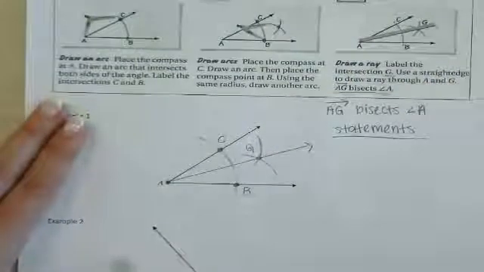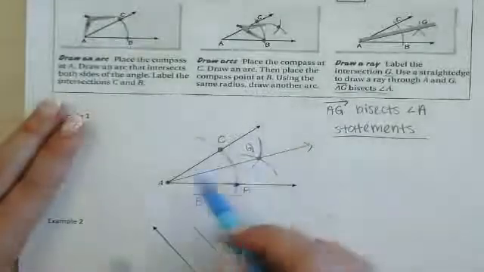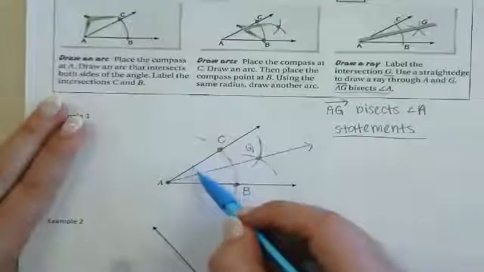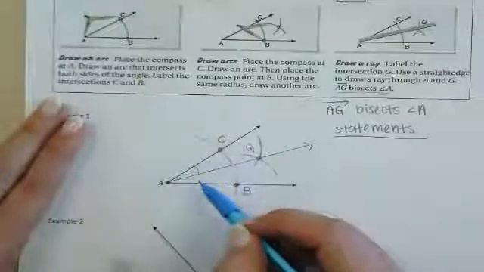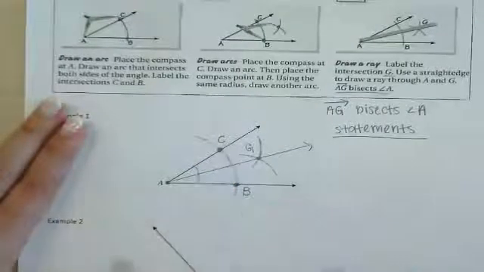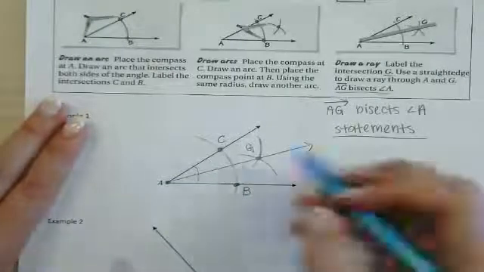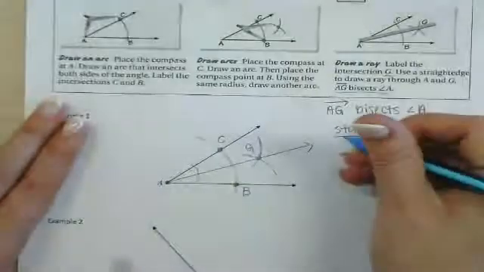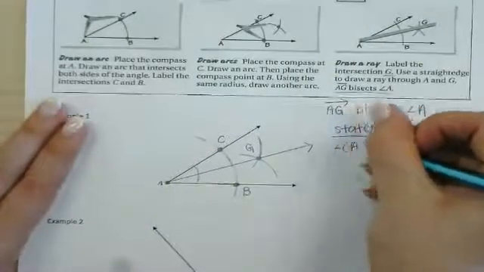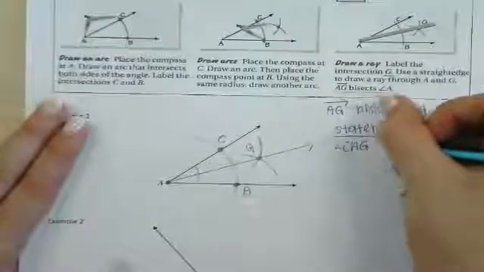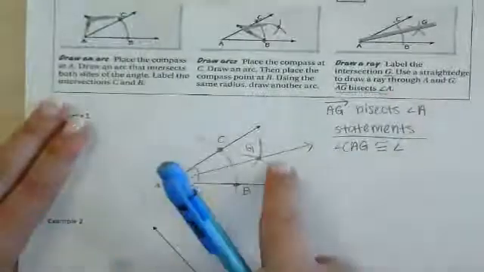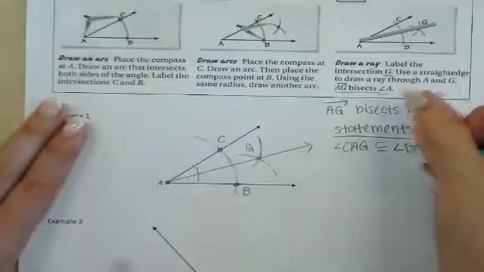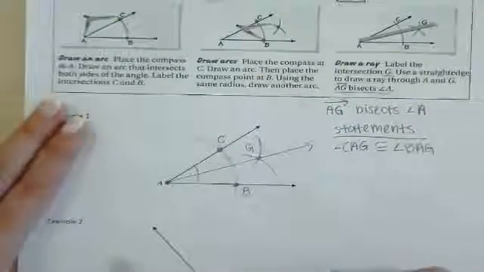First of all, if this line actually cut the angle right down the middle, what would I know about this angle right here and this angle right here? They are congruent, right? So I could say that the top one, which we would name maybe CAG, angle CAG is congruent to the angle here on the bottom, GAB or BAG, whichever way you want to name it. Should be congruent, yes.